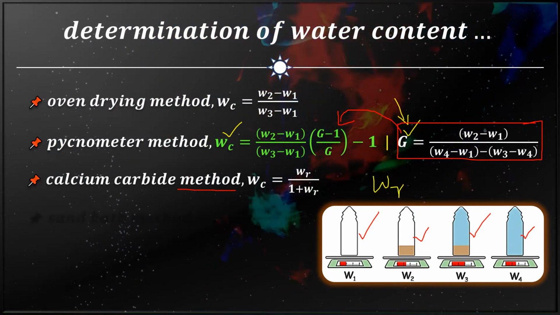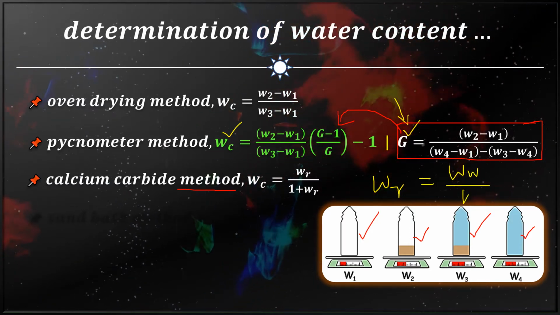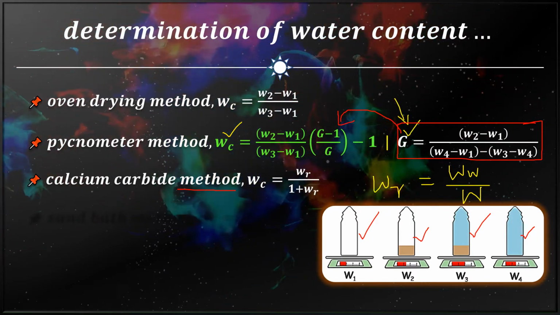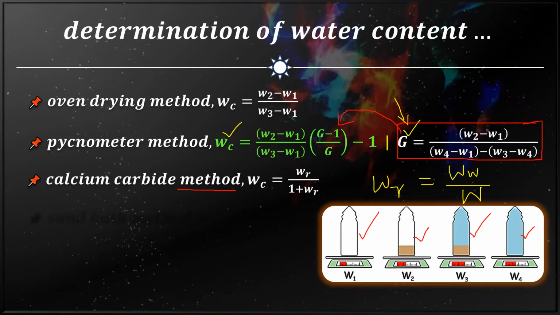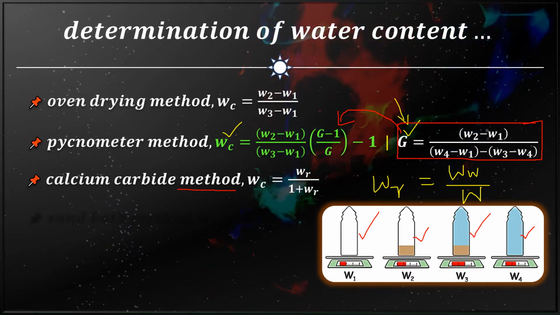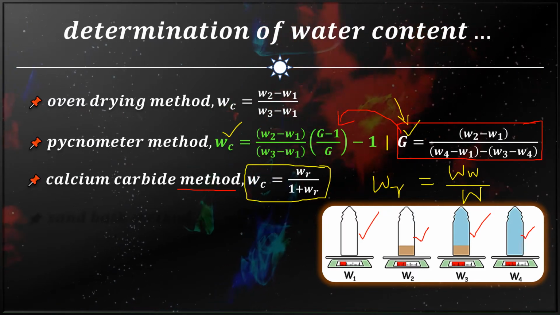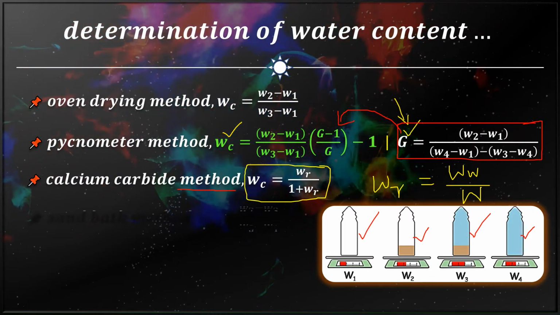That is, WR is equal to weight of water divided by moist volume or the total volume of soil. So in order to get it in terms of weight of water to the weight of solids, we use this formula: W is equal to WR by (1 plus WR), and this is the quickest method to determine water content.